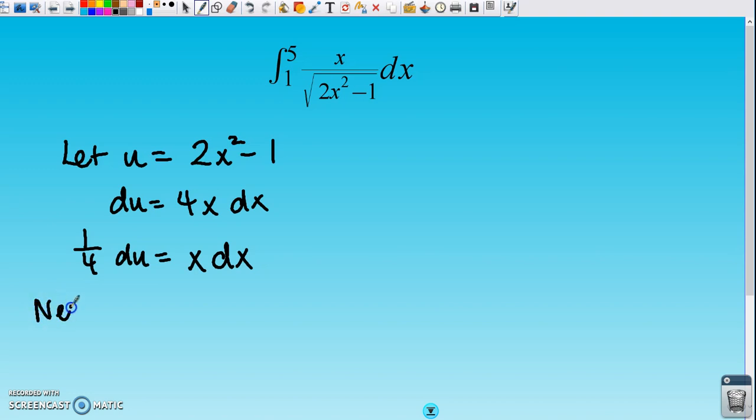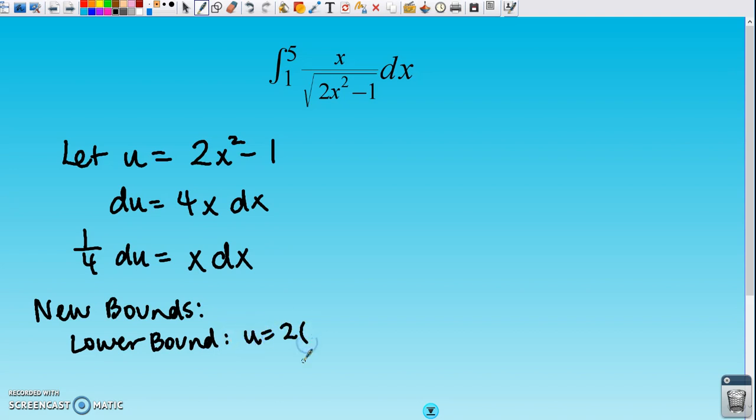Let's rewrite our bounds. So, new bounds. I need a lower bound in terms of u. So u equals 2 times 1 squared minus 1, which is just 1.